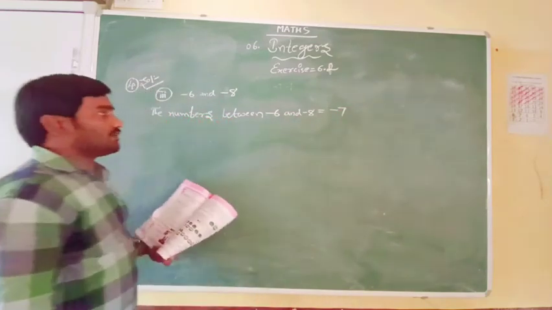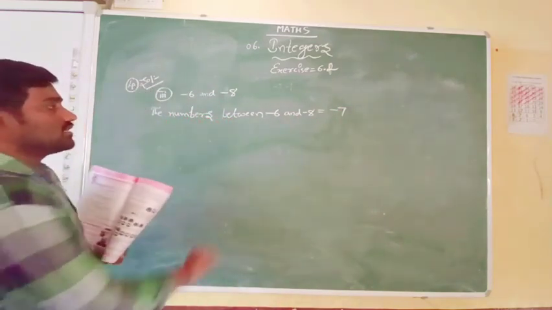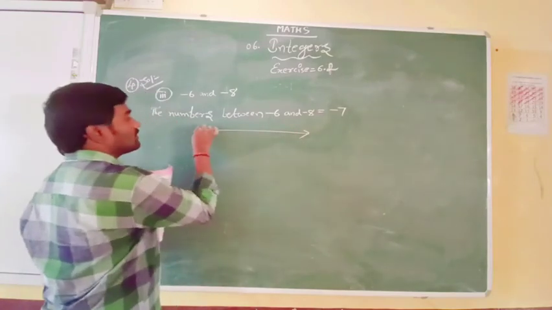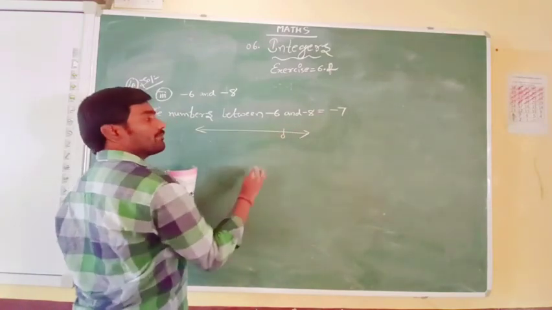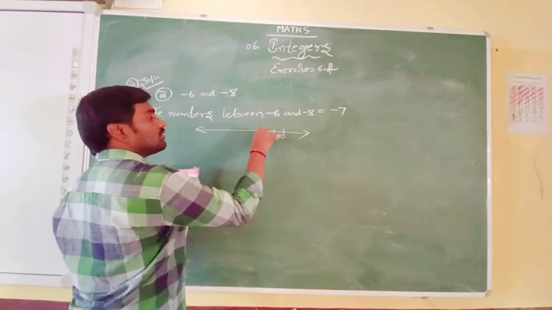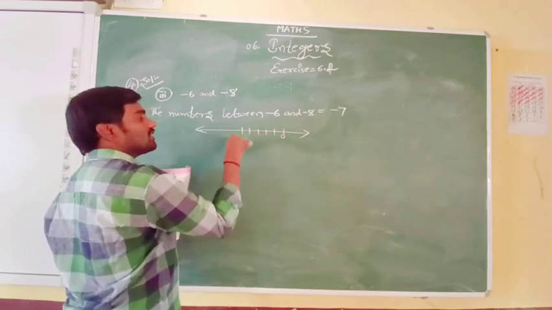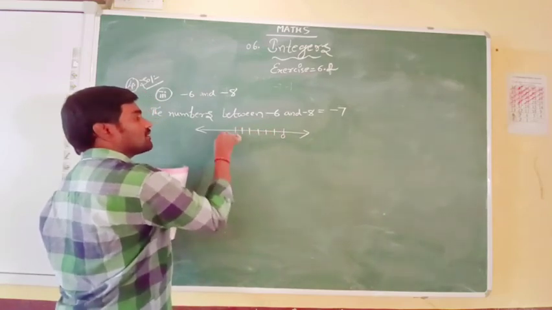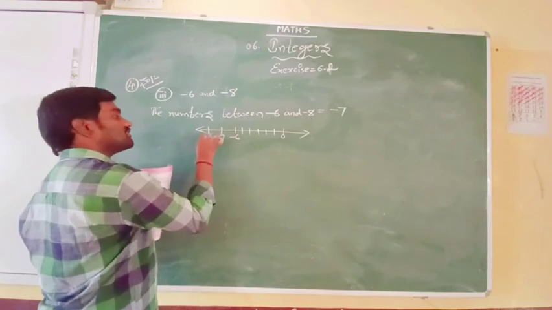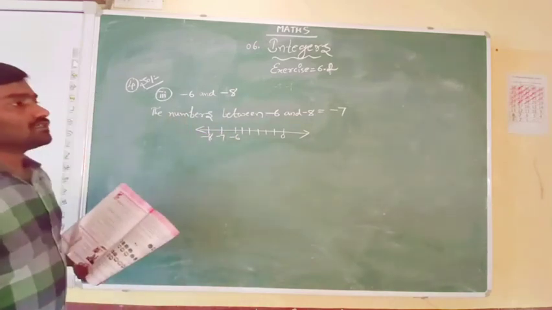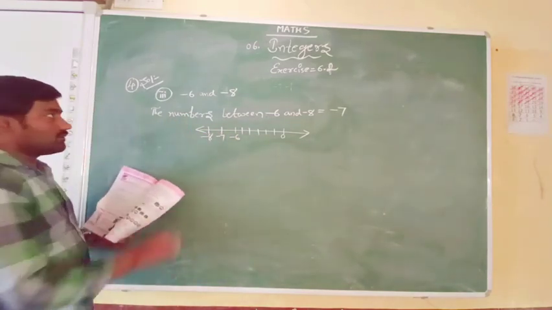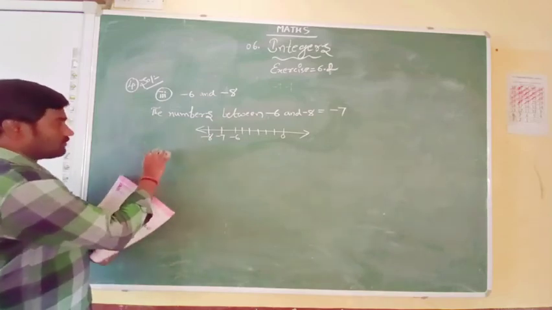Only minus 7 is there. See that? Here is 0. Here minus 1, minus 2, minus 3, minus 4, minus 5, minus 6 comes here, minus 7 comes here, minus 8 will come here.